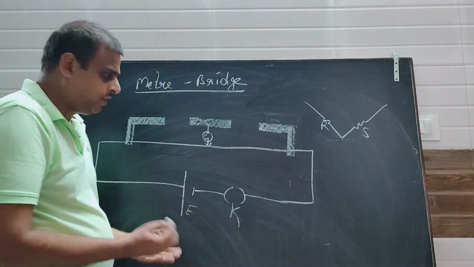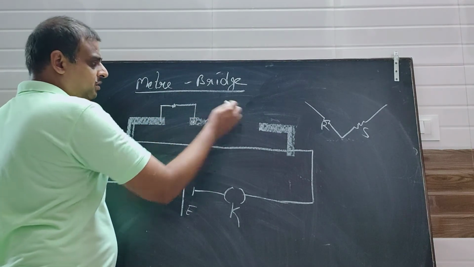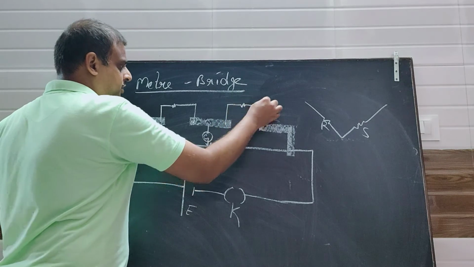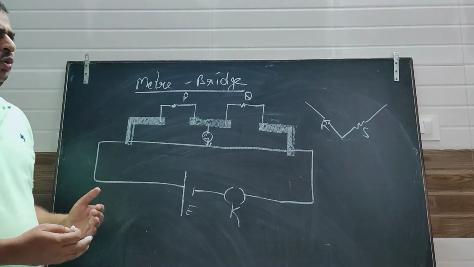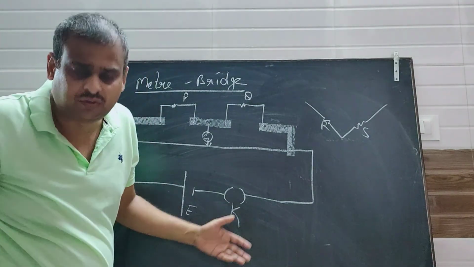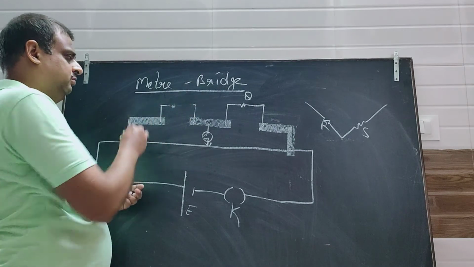Current is flowing in this circuit. Here is one resistance P, and here is another resistance Q. You can have any one of them as unknown. Let us say I have an unknown resistance P.